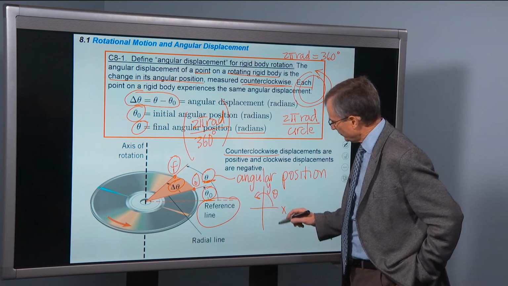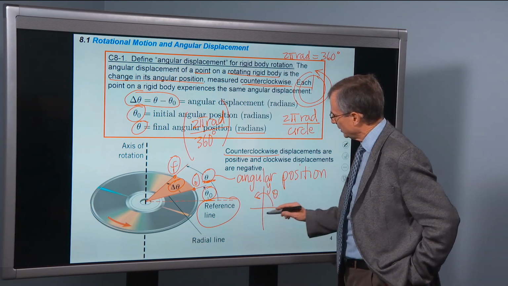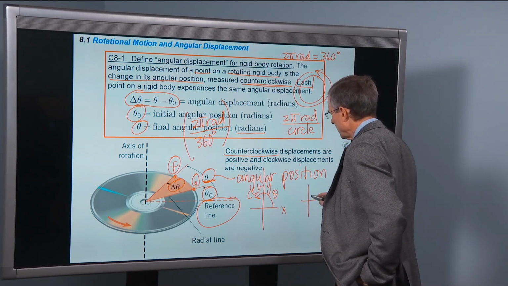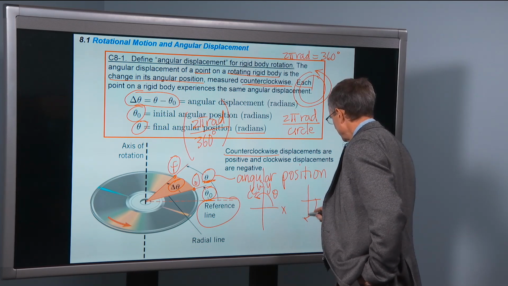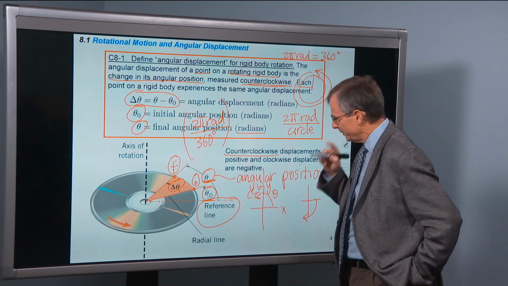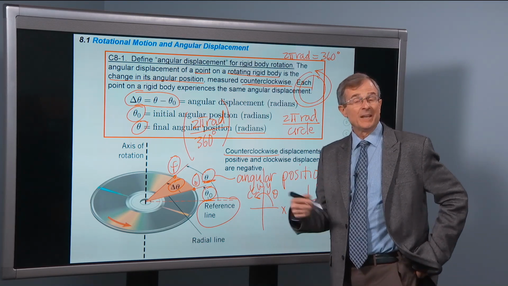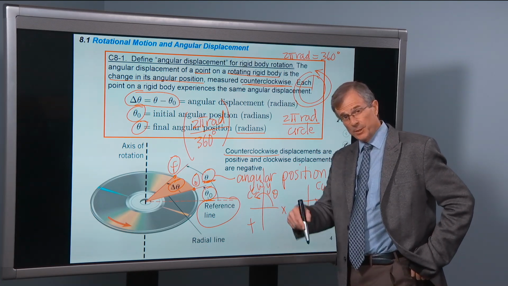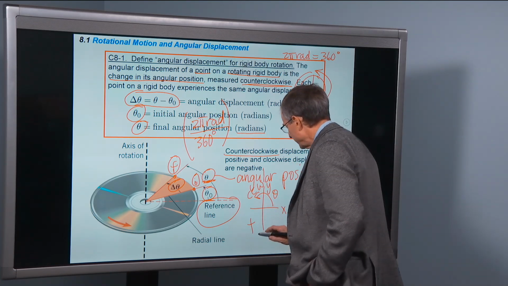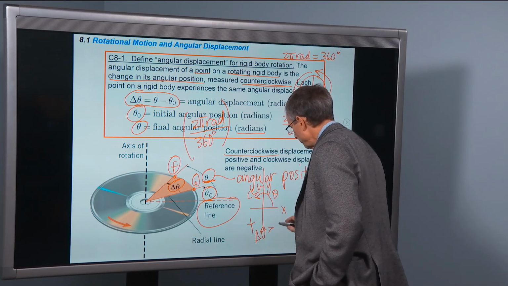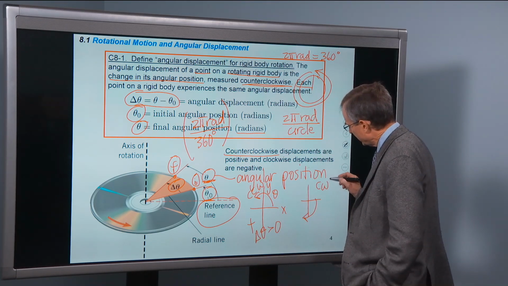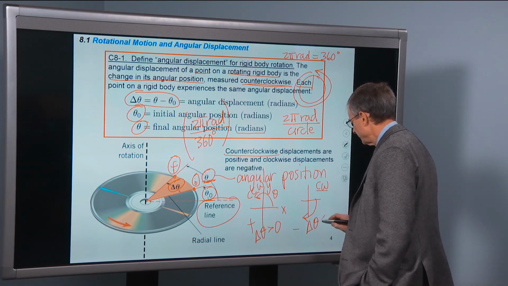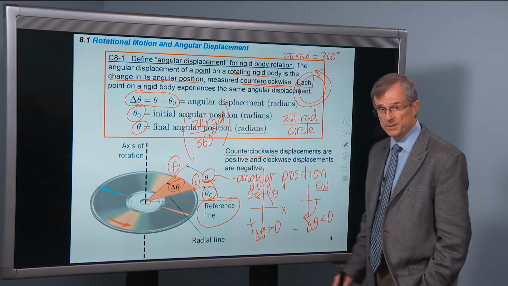An angular displacement that moves clockwise instead of counterclockwise is considered to be a negative number. So counterclockwise displacements are considered to be positive. So delta theta will be positive, and a clockwise displacement will be negative, with the angular displacement delta theta less than 0.